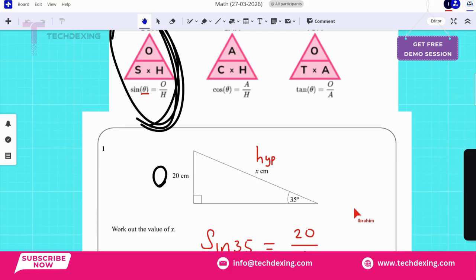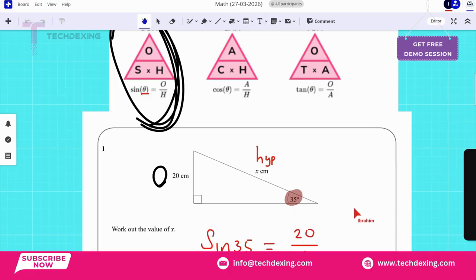Do you need to always write sine 35? It is not necessary. This angle is different, so all the sides may be different. It depends on the given situation, which values are given. Now you can use the calculator. 20 divided by sine 35.